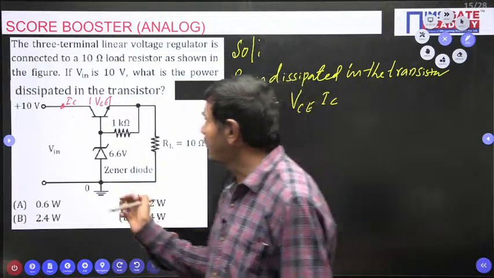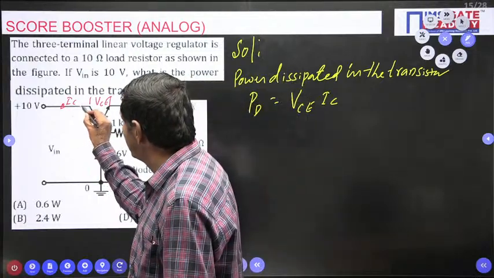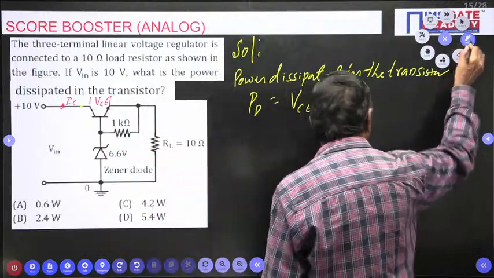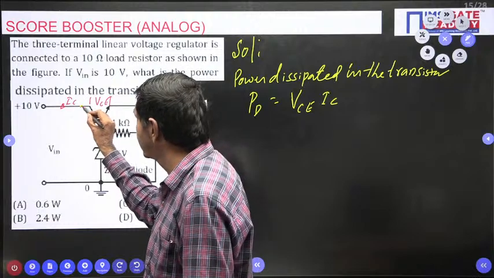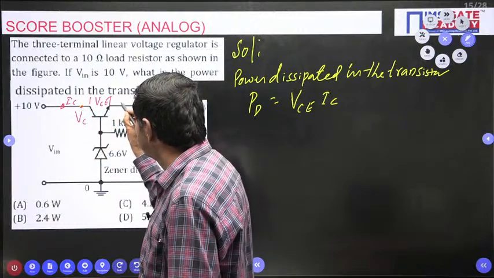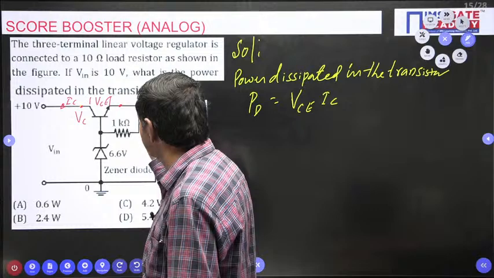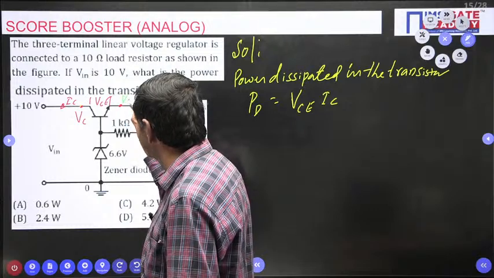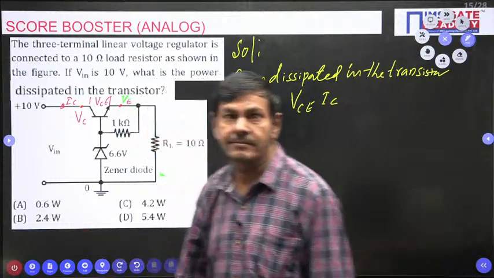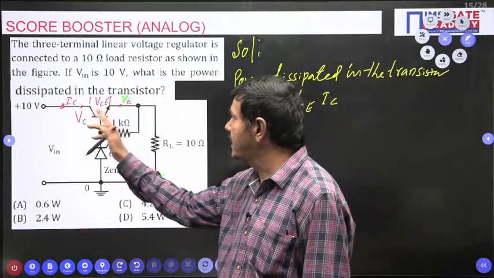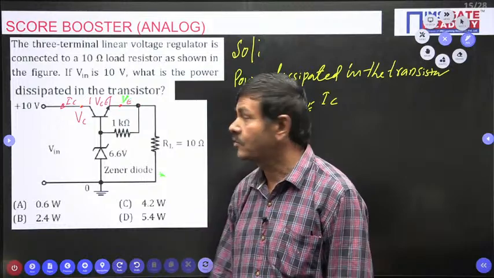I can say one more way. This node voltage is the collector voltage. This other node voltage is the same as this one, the emitter voltage, VE. The difference of these voltages gives VCE.